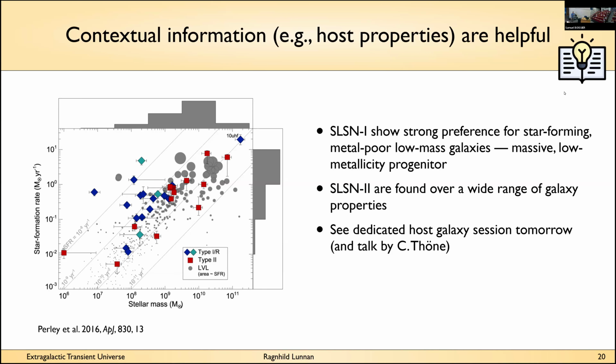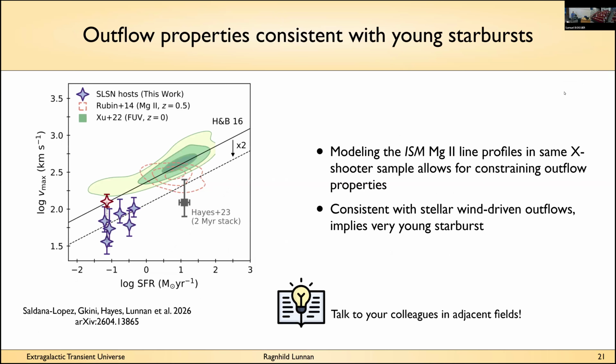I think I have one more minute or so. I want to mention another cool result that came out of this X-shooter sample, because when you have really beautiful data and you have both emission lines and absorption lines, you can also do some cool galaxy science.